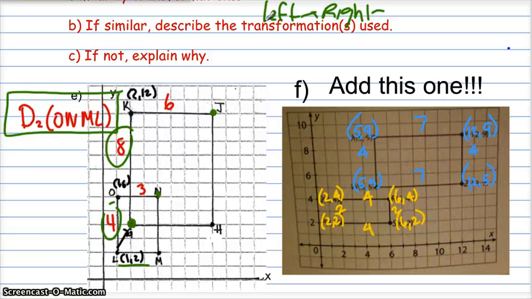So these two are not similar because the side lengths are not proportional. If we're talking about a length of 2 over 4, also equals 2 over 4, so that's half. But 7 over 4, because it does not yield 1/2, they do not have a similarity ratio.